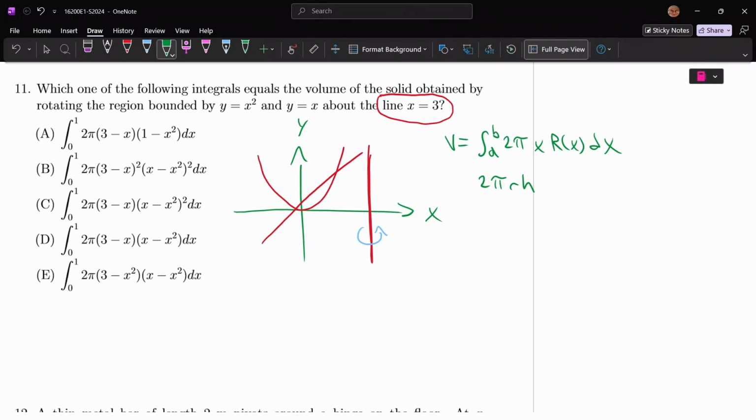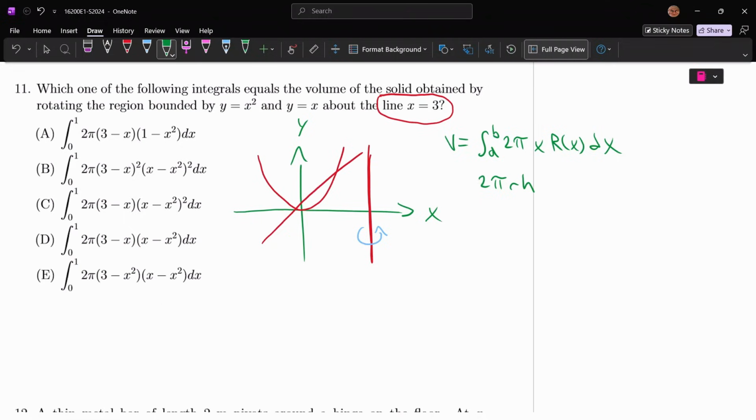It's similar to how, when you want to shift a function left or right, you do something like 3 minus x. You can see it in each of the answers here.